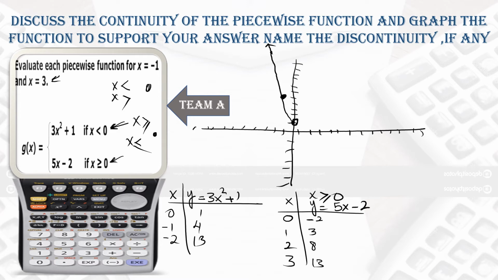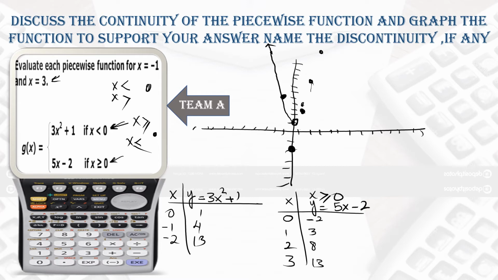So 0 and -2, that is over here, and -2 is included, so I will make a shaded point. 1 and 3, then 2 and 8, 3, 4, 5, 6, 7 somewhere here, and 3 and 13 somewhere here.